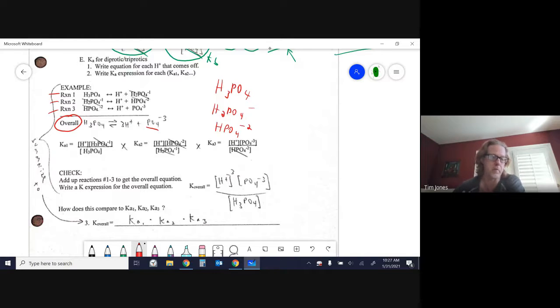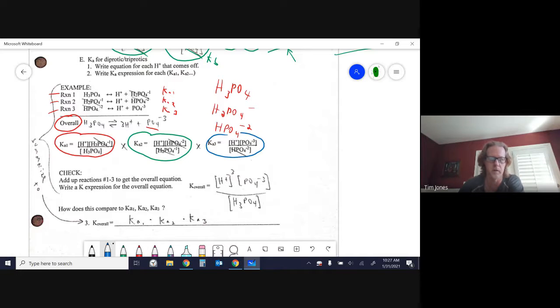Well, we know from before with equilibrium, if you had the K values, if I called this Ka1, Ka2, and Ka3, we know you don't add the Ks, you multiply them, but let's prove it. So here's Ka1, the expression for the first equation. And then I have it for the second equation. And then I have it for the third equation.